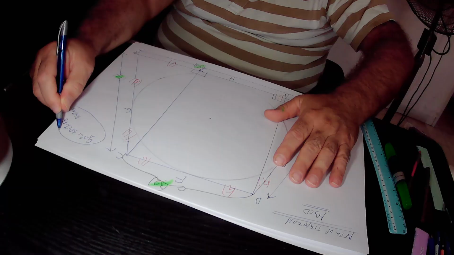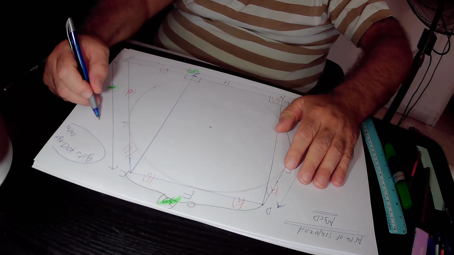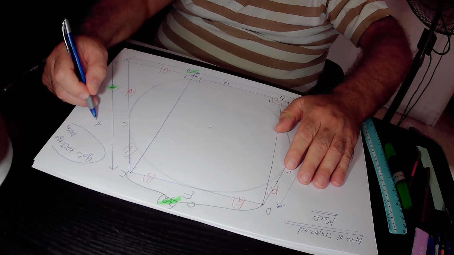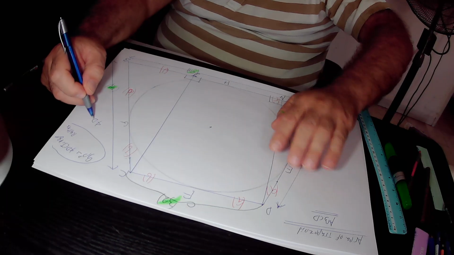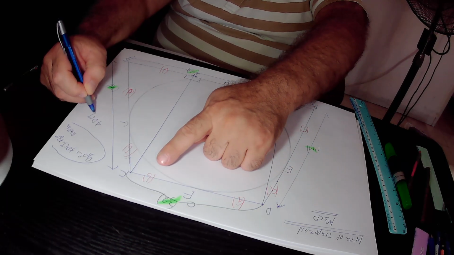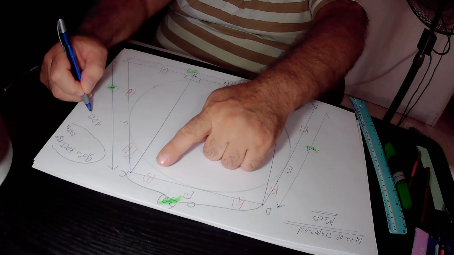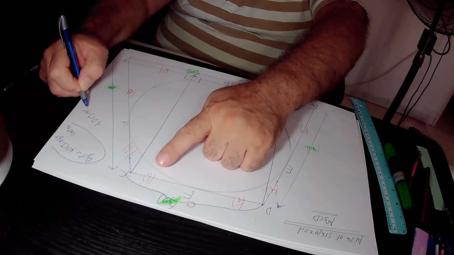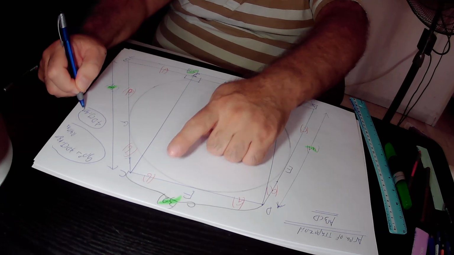So here we subtract 90 degrees from this equation, and finally we get the missing angle DCJ, which equals 180 degrees minus 90 degrees, that is 90 degrees. So the missing angle DCJ is the right angle.